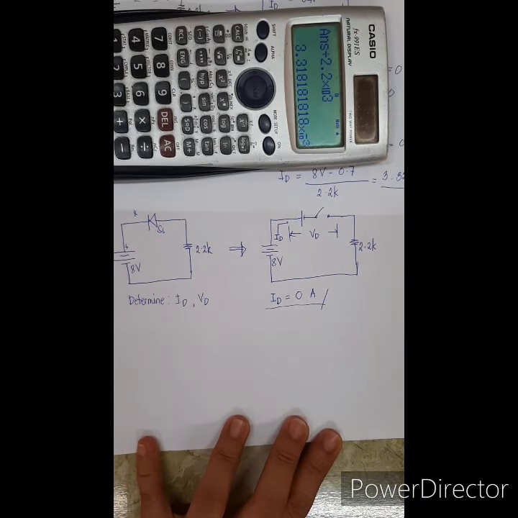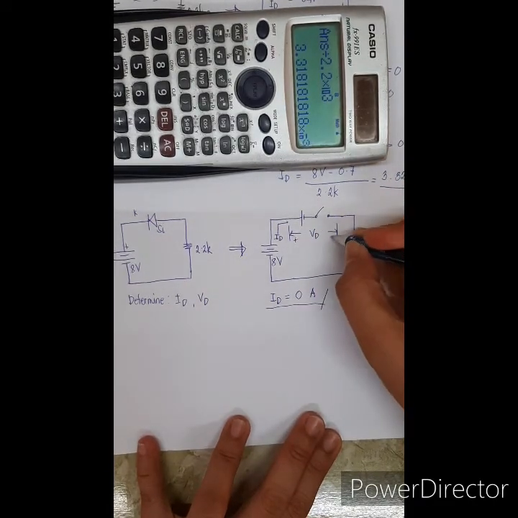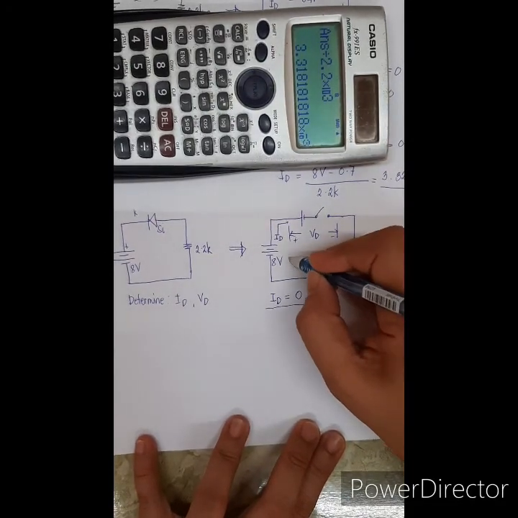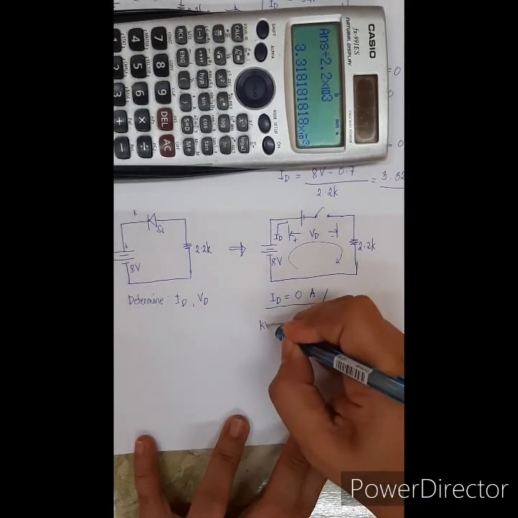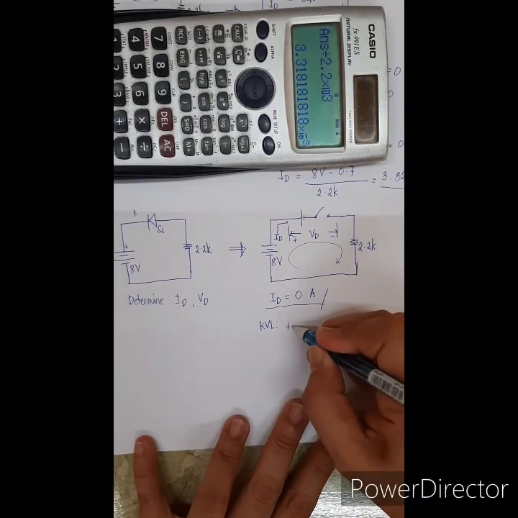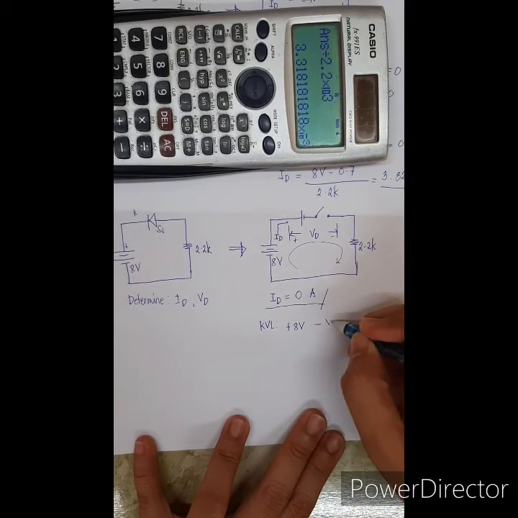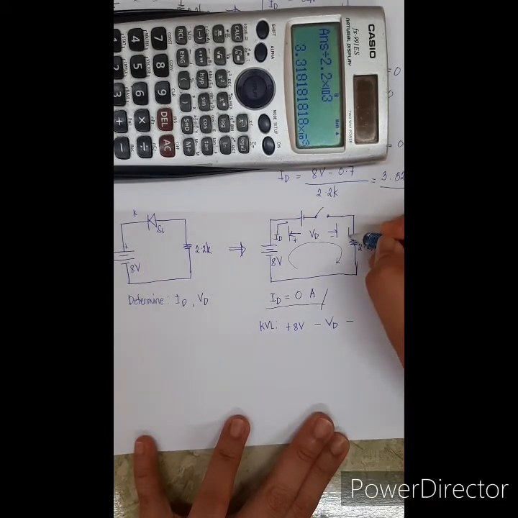So, that would happen. So, this is plus and minus sign. So, parang lalabas, mag-Kirchhoff voltage law tayo, KVL. That would become positive 8 volt minus VD. Ayan, minus VD. Minus, what would be the current flowing here? That is IR.